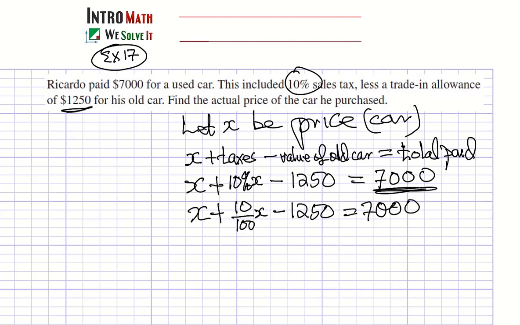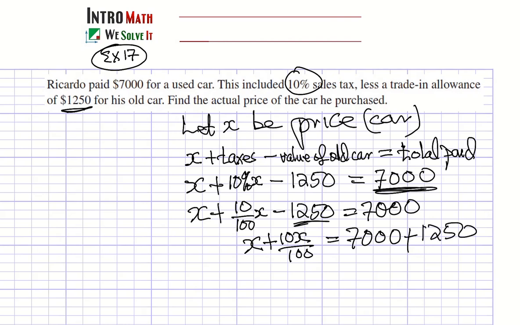So basically what we do now is simplify it. You can simplify any way you want. I like to simplify it this way: X plus 10x over 100 equals 7,000. You move this to the other side, it becomes positive 1250. Let's simplify both sides.